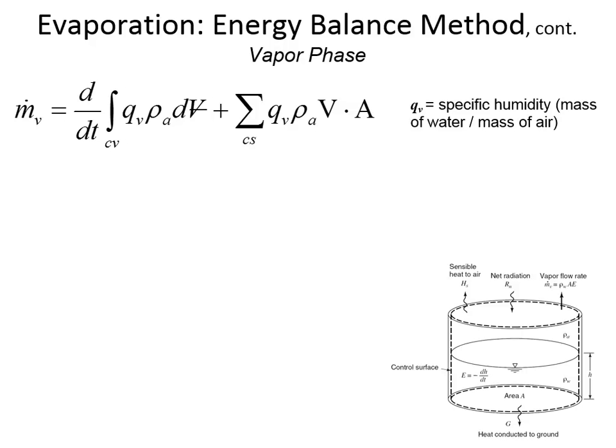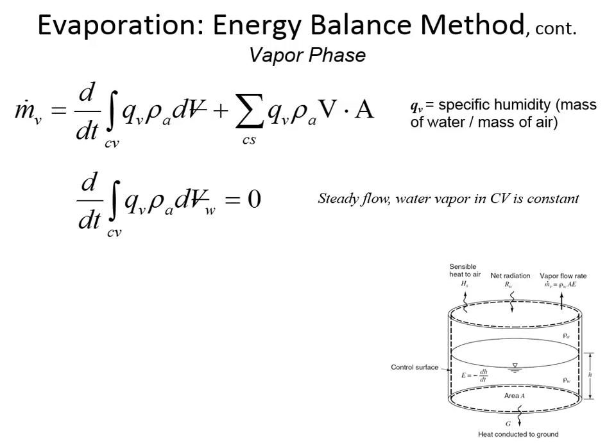So that's the liquid phase. Now the other thing that we have to be aware of is that we assume that there's steady conditions, so that this isn't changing over time.